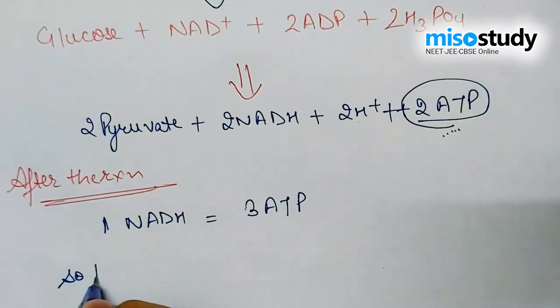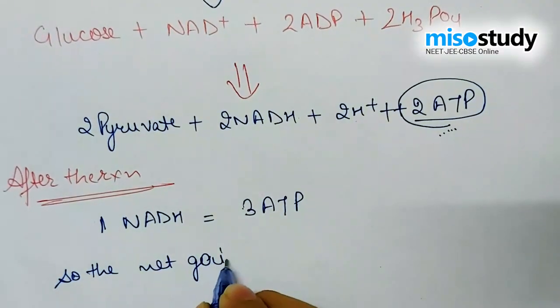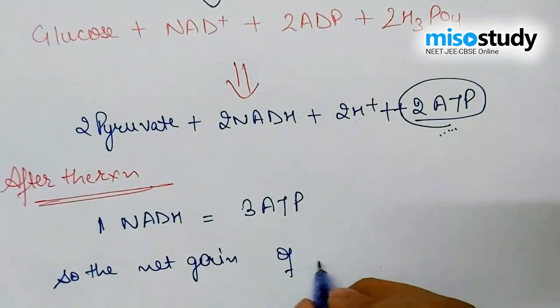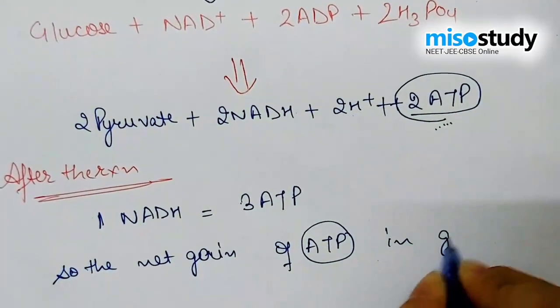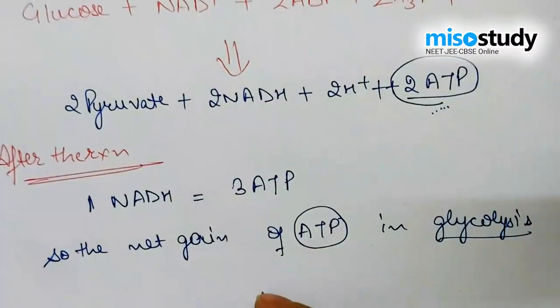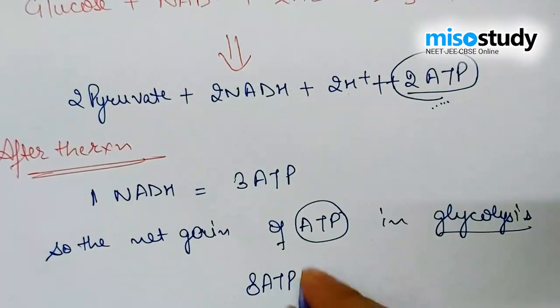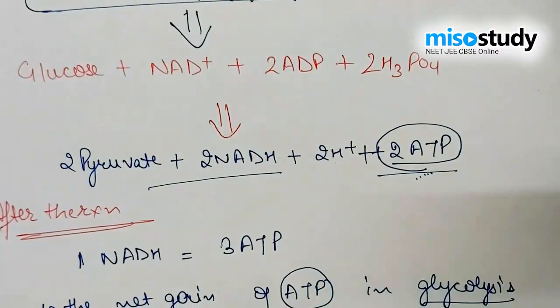So the net gain of ATP, that is the energy in the glycolysis, is 8 ATP, or either written as 2 NADH and 2 ATP.